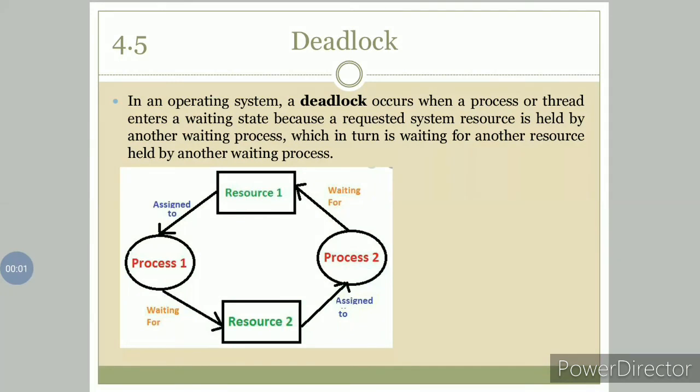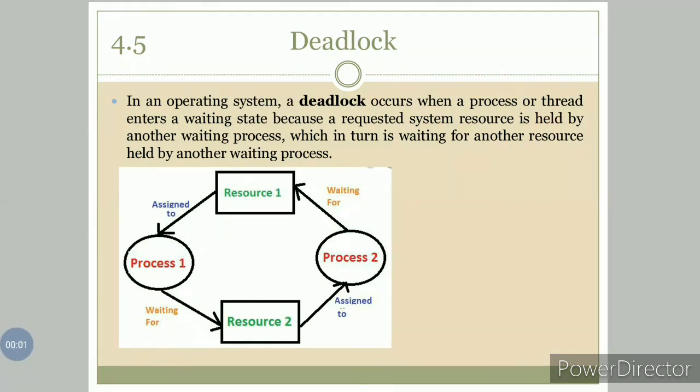Alright, so the topic is deadlock. In an OS, a deadlock occurs when a process or thread enters a waiting state because a requested system resource is held by another waiting process, which in turn is waiting for another resource held by another waiting process. Now let us understand this concept with the help of a simple example.